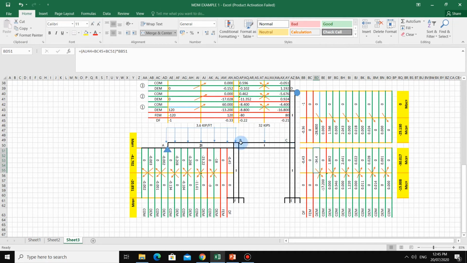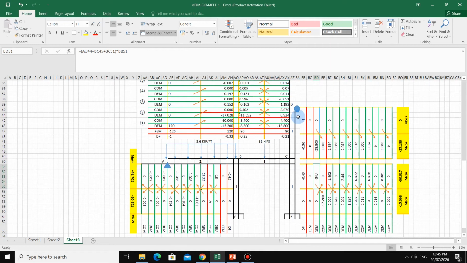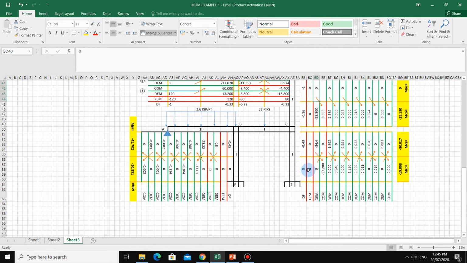Okay, so that is for joint C. So for joint D, we don't have a problem here because we don't have a load. So that is loading FEM times the negative of DF, so 0 then, guys. Then for E, 0 then, so we don't have the load here, so 0 then ang DM nila, guys. Then also with F, so 0.